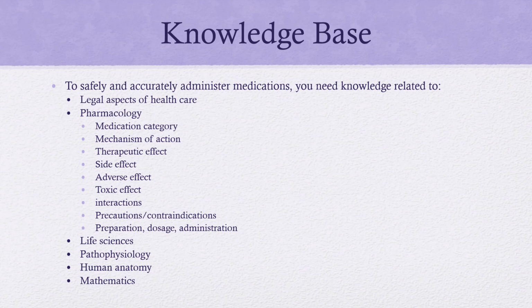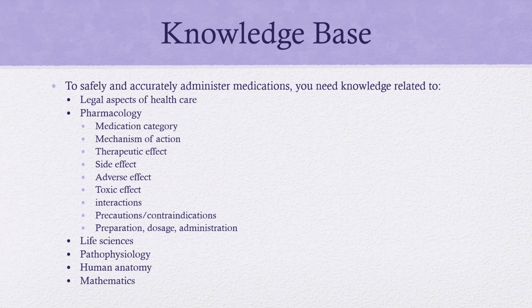So we can see pharmacology involves the medication category, mechanism of action, what are the therapeutic effects, what are the side effects, knowing that some side effects can be good. Things that happen we expect to happen, but we need to monitor them. And we'll talk a little bit about that here in a minute.